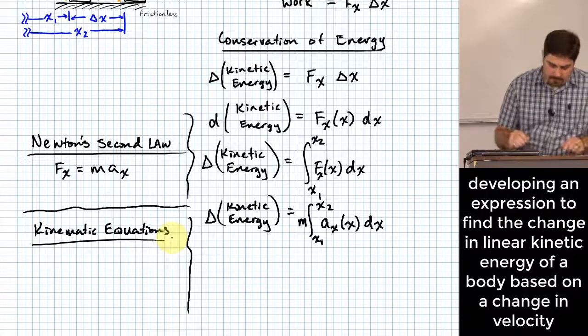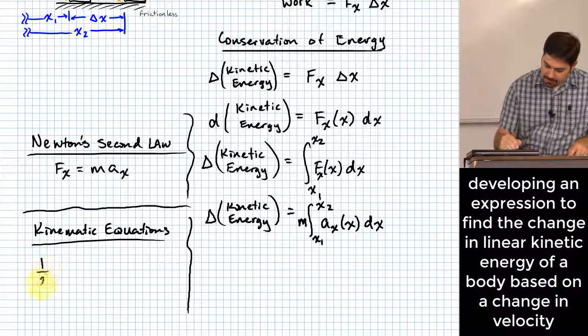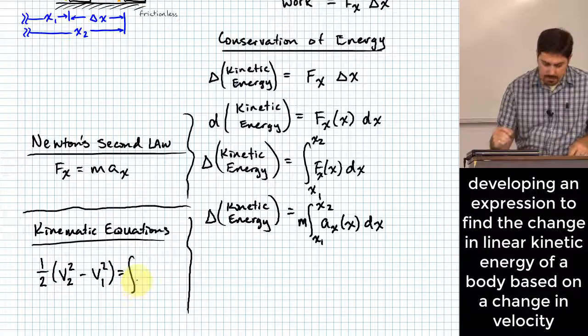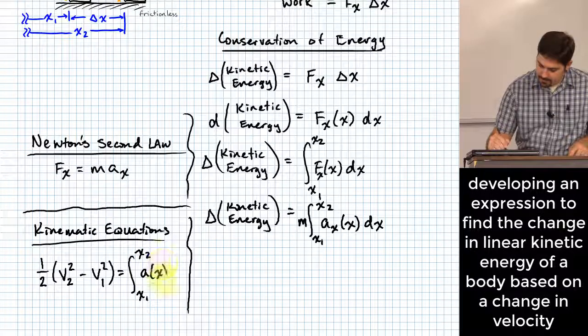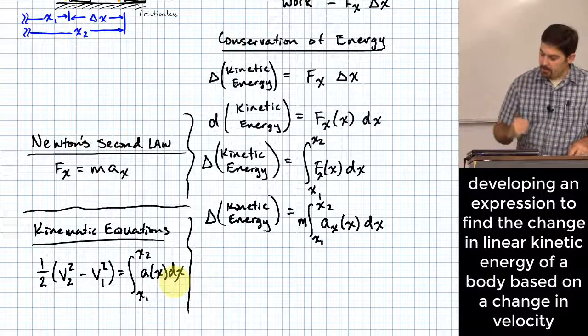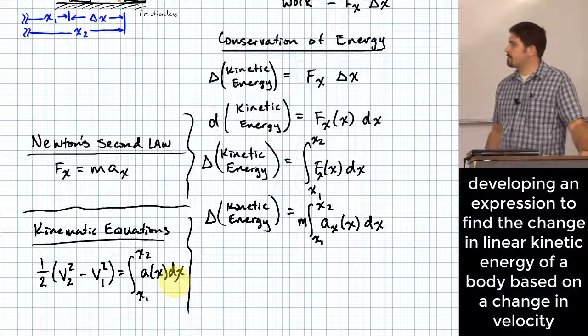Okay, this kinematic equation we have is that 1/2 of the difference in the squares of your velocities is going to be equal to this integral from one x to another x of your acceleration as a function of x.